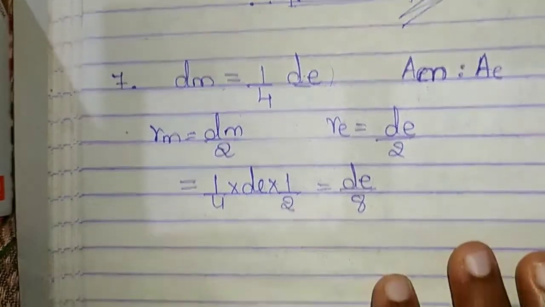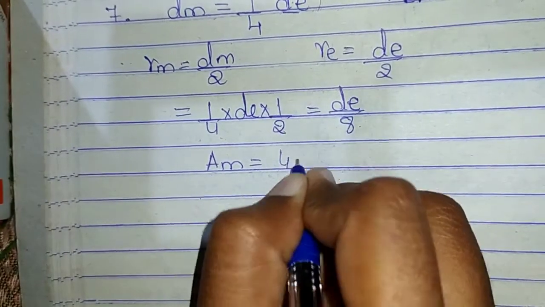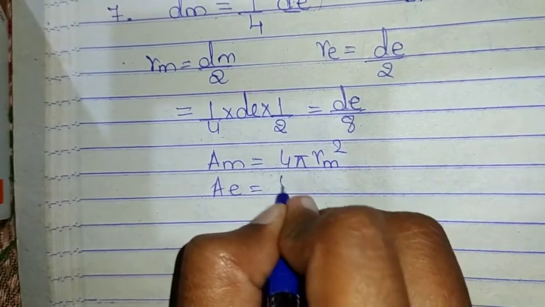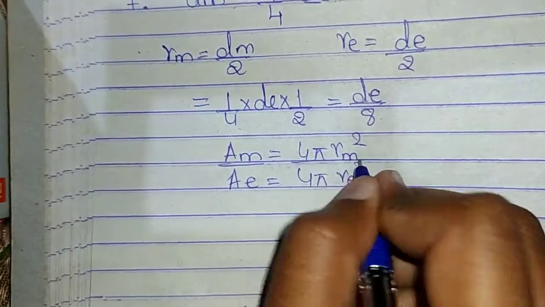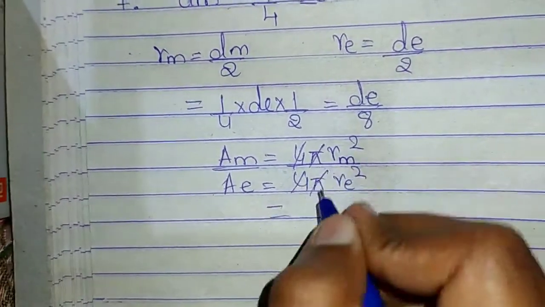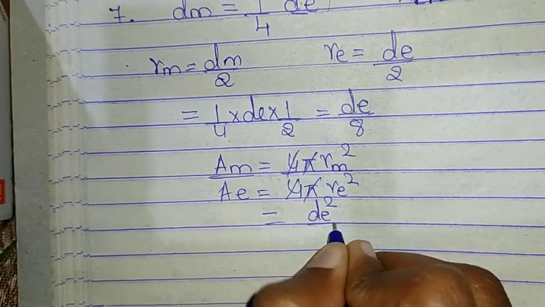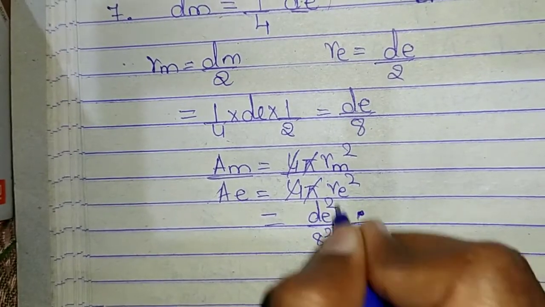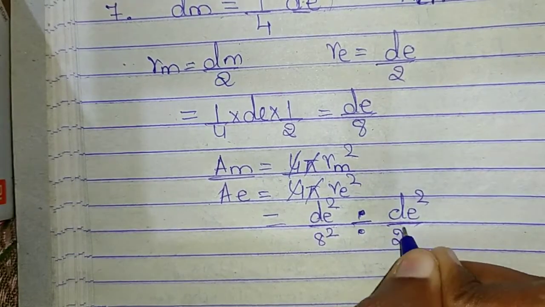Now the area of the moon will be equal to 4 pi rm square and the area of the earth will be equal to 4 pi re square. Taking the ratio, 4 cancels, pi cancels, and rm is DE by 8, so we get DE square by 8 square divided by DE square by 2 square.